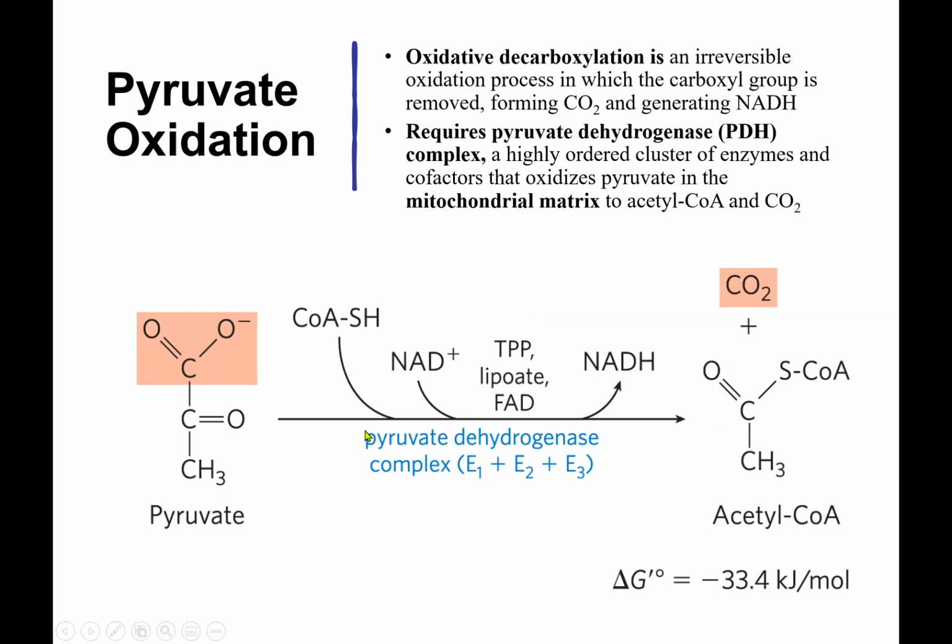This enzyme complex truly is a complex. We'll look at the structure in a moment. It is known as the pyruvate dehydrogenase complex, and it's actually 3 enzyme parts stitched together. It's a cluster of enzymes and these cofactors.